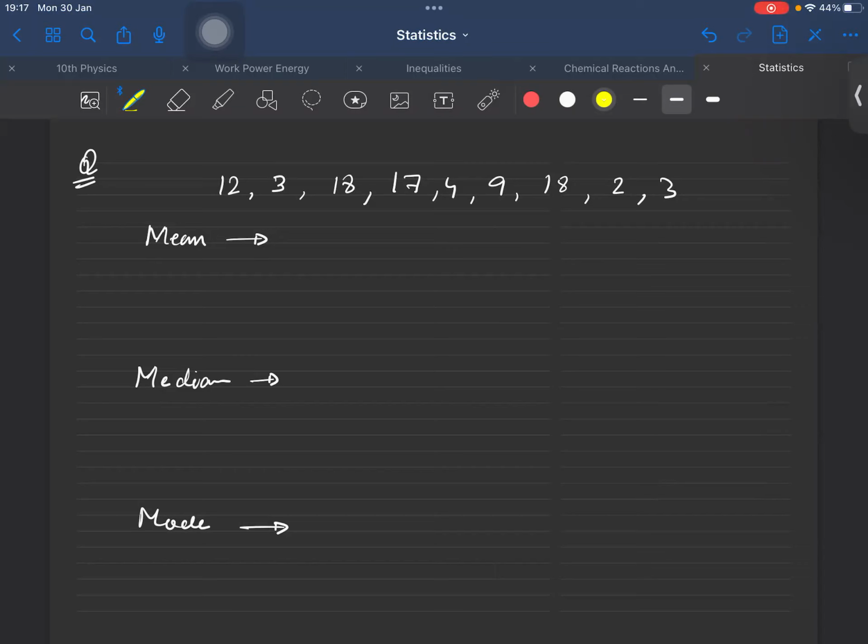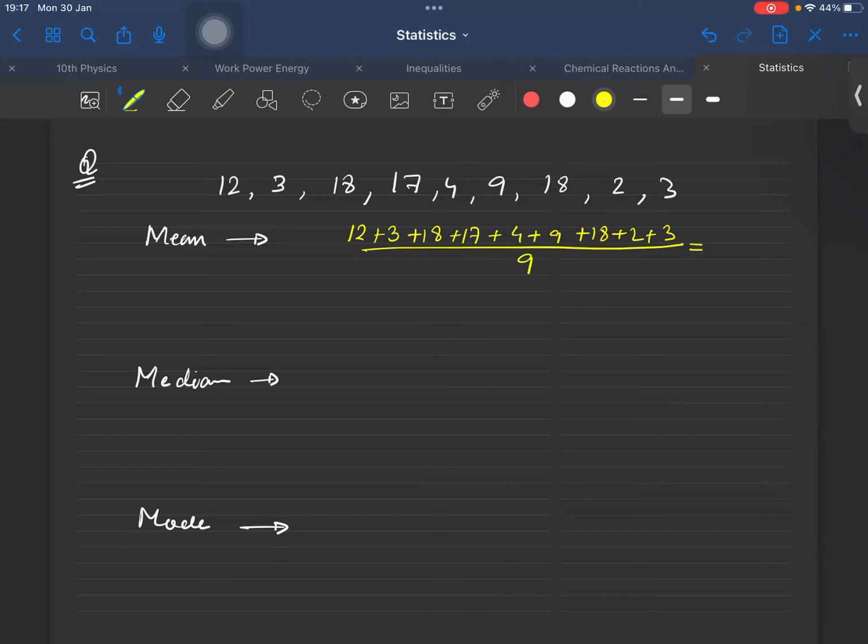So just sum it. How will you write it? 12 plus 3 plus 18 plus 17 plus 4 plus 9 plus 18 plus 2 plus 3. And how many data points do we have? 1, 2, 3, 4, 5, 6, 7, 8, 9. It is divided by 9.